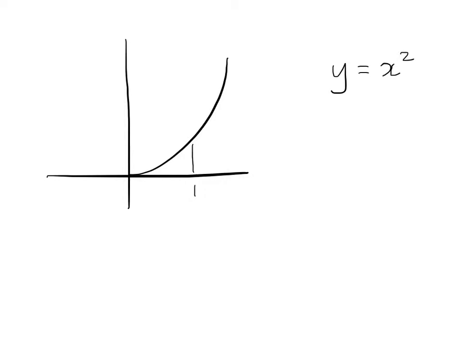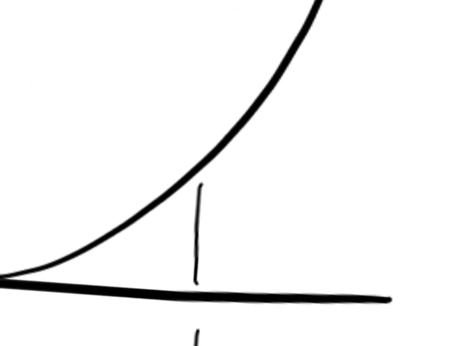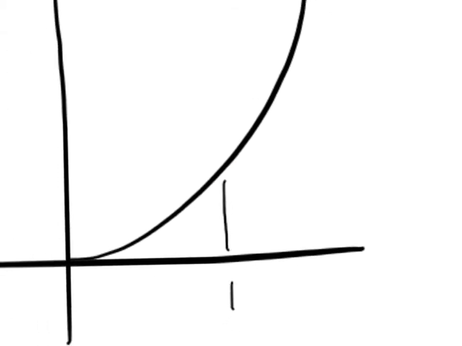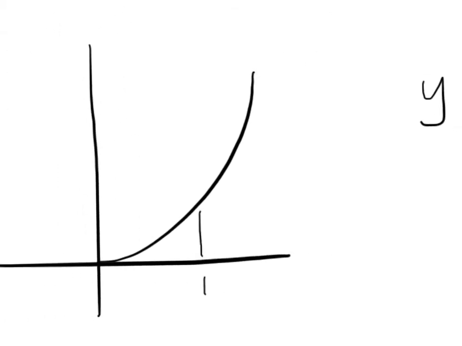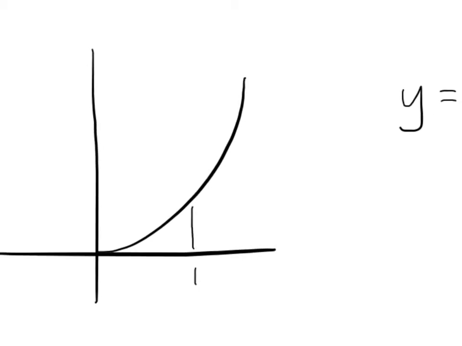So I want to find the slope exactly at this point right here. You can see the slope is changing all the time. So this is what calculus is all about: instantaneous rate of change. If this is a distance-time graph, we would be talking about the speed or the velocity of the object at that exact instant of time.